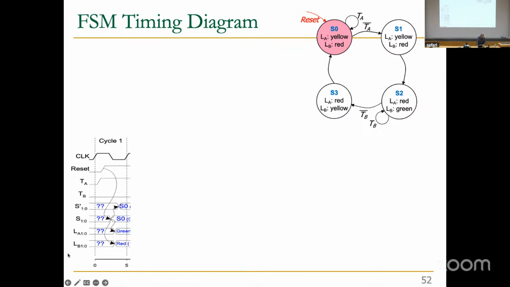These are the inputs. S prime 1 to 0 is your next state, and S1, 0 is your current state, which is already stored in your state register. And these are your outputs, essentially.